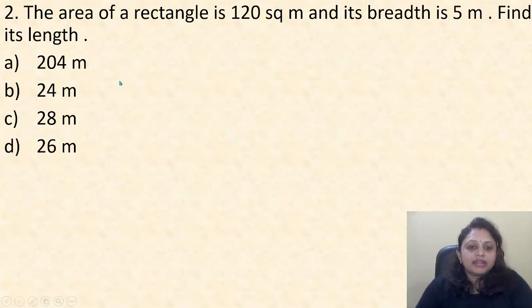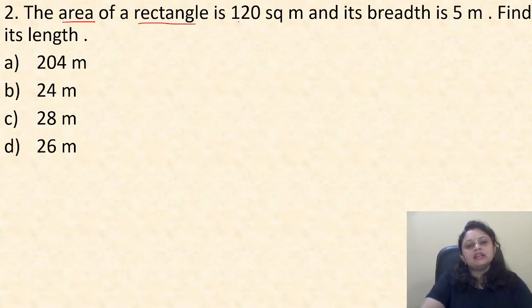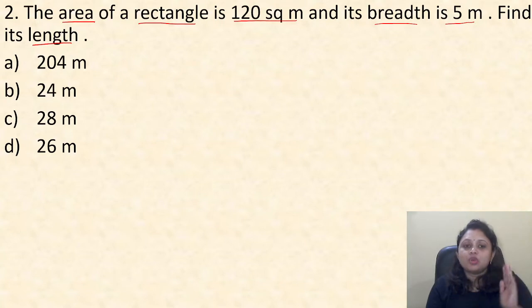The area of a rectangle is 120 square meter and its breadth is 5 meter. Find its length. Option A, 204 meter, B, 24 meter, C, 28 meter, D, 26 meter. So in the question it is given the area of a rectangle is 120 square meter and its breadth is 5 meter. We have to find the length. And you all must be knowing the formula for area of a rectangle.